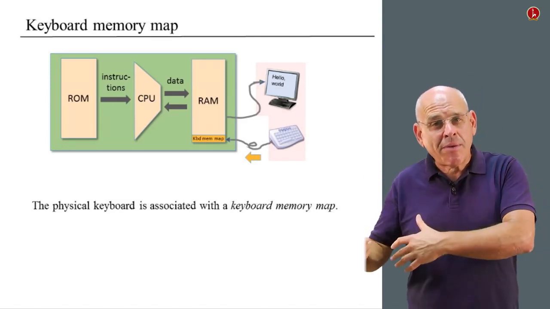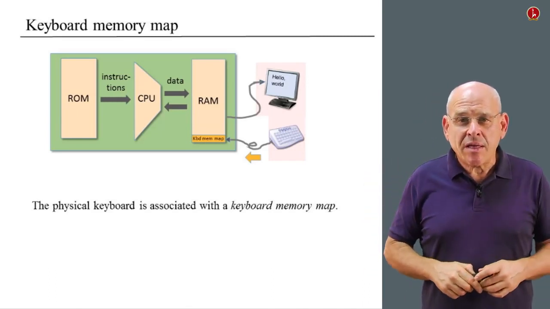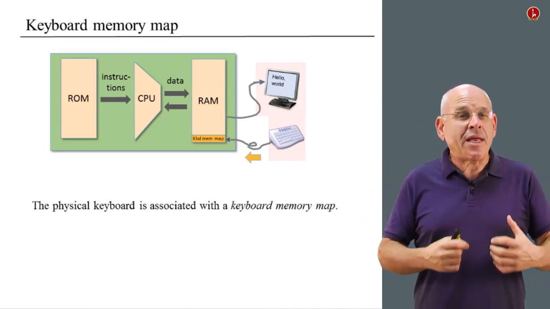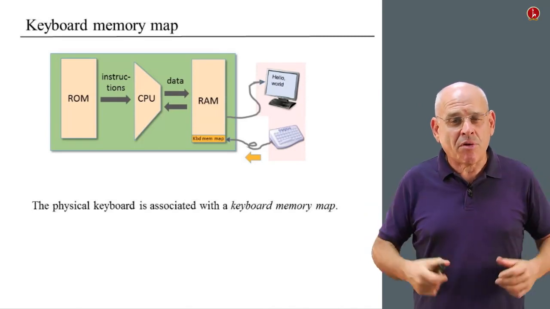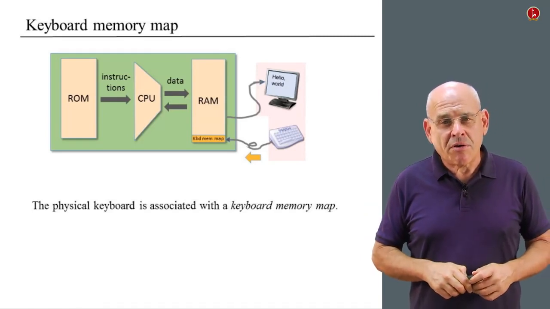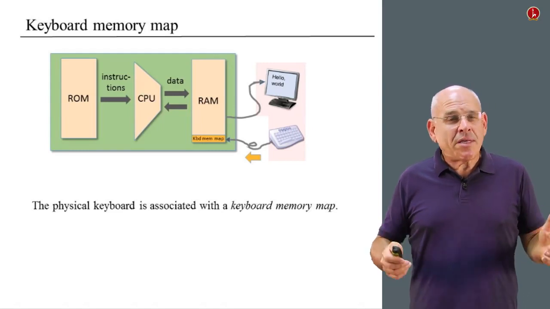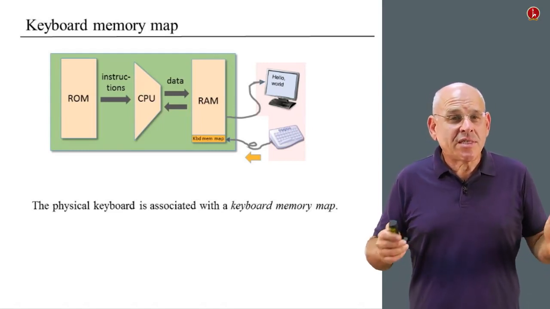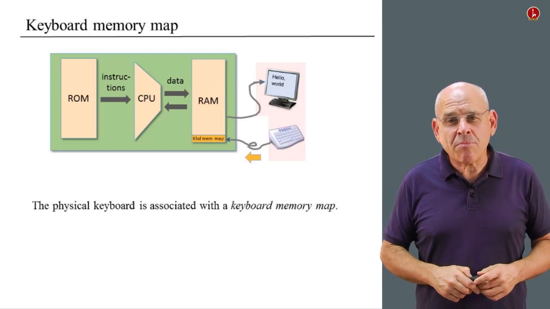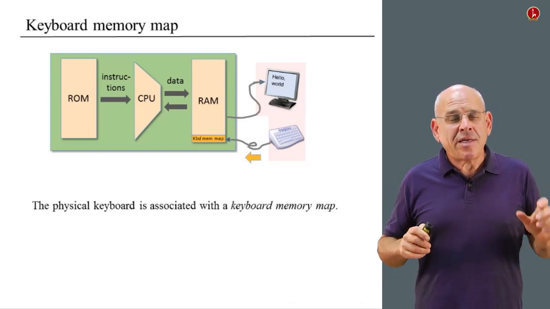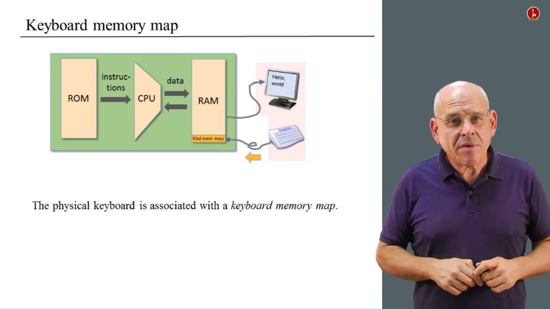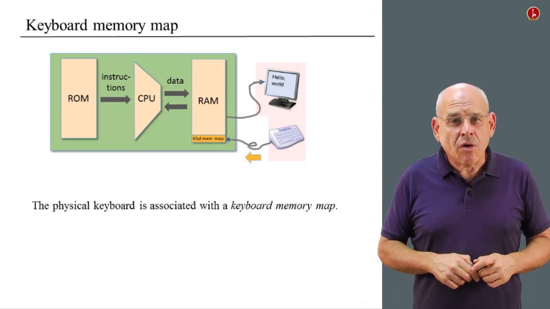Just like we had a screen memory map, we also have a keyboard memory map, and this is the representative of the keyboard inside the computer architecture. In order to represent the keyboard, you don't need more than 16 bits. So the keyboard memory map is a single 16-bit register, which is called keyboard.